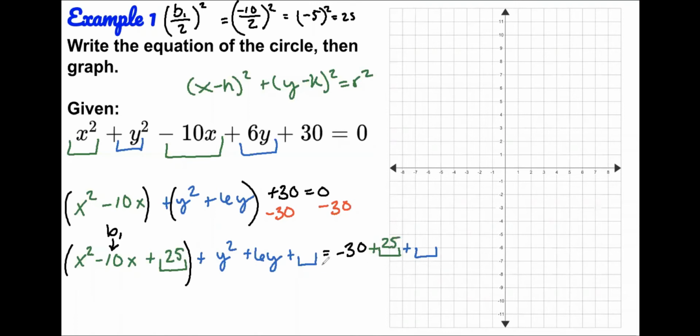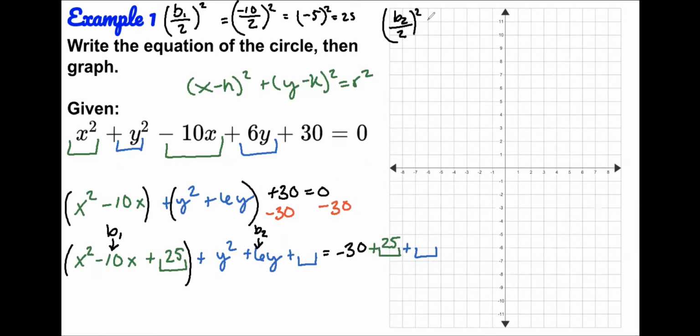Now I'm going to repeat this with my terms with the y variable. This is going to be my b sub 2, or my second b, and do the same work. So I'm going to make some space up here. B sub 2 divided by 2, squared.